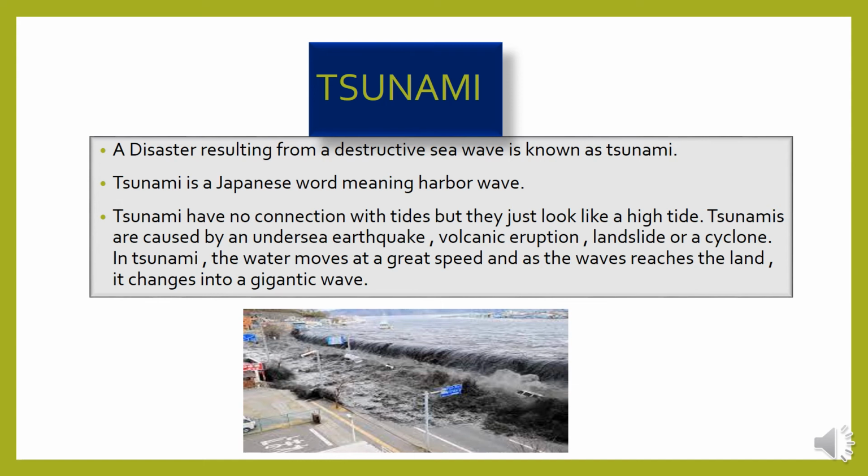These gigantic waves travel at a speed of 800 kilometers per hour, and the maximum height of a wave recorded is 15 meters. The damage caused by these waves is immense, with a huge loss of life and property in the area where the tsunami occurs.